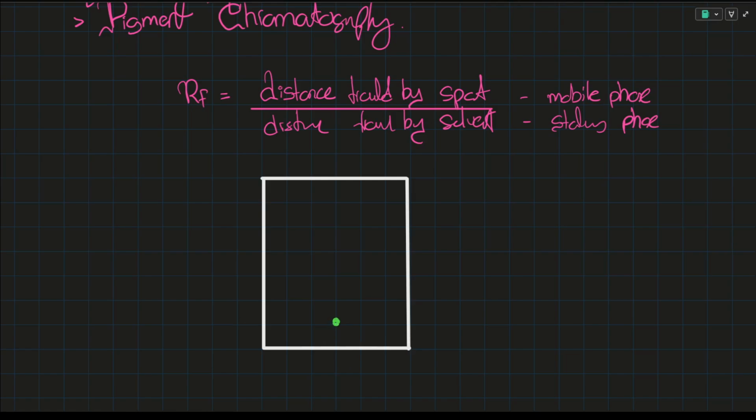A spot here, and then a spot just a tad bit above that, and then another one, and then one pigment goes all the way up until almost the edge.